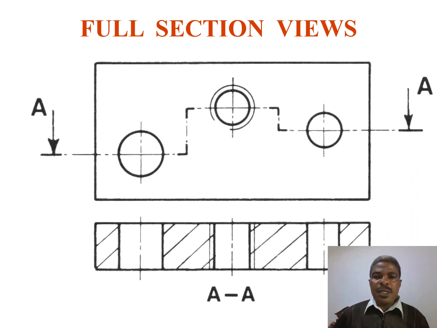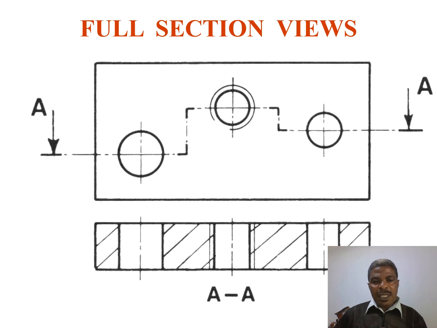Full section views also can be of this nature, because this hole is not in a straight line with this one. So this line AA requires to show how this hole looks like internally. So we have to change the direction and see how this one looks like. So this is a section for our object.